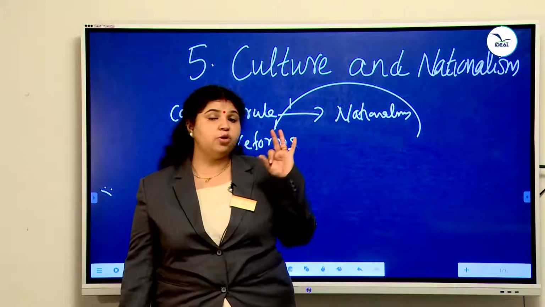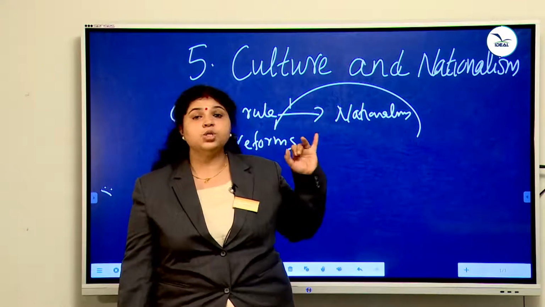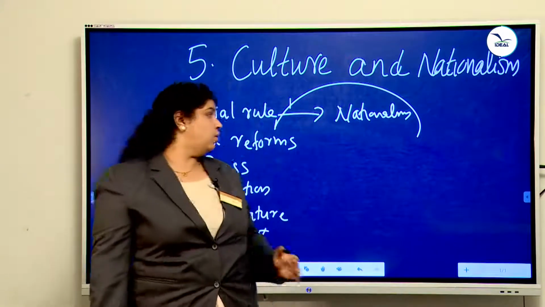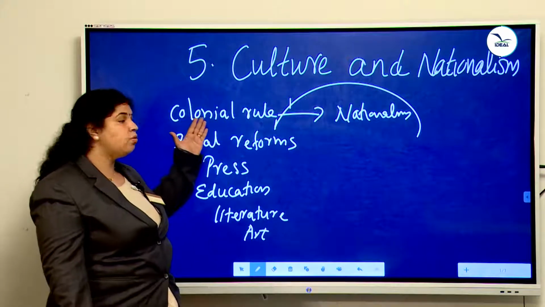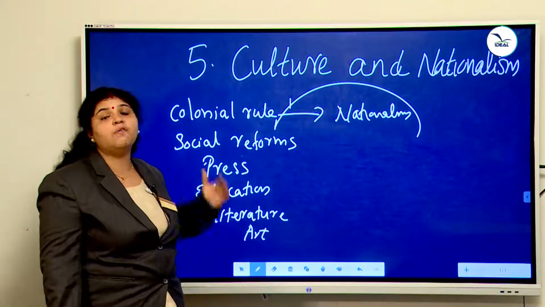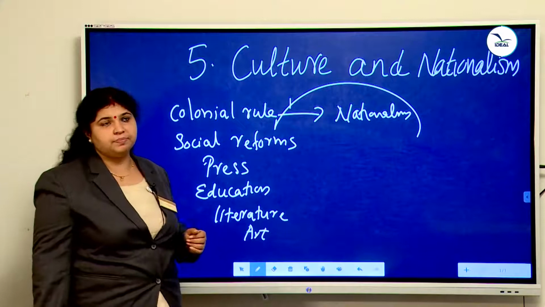Then we learned about three great social reformers, that is Raja Ram Mohan Roy, Ishwar Chandra Vidyasagar and Pandita Ramabai. So, by that we completed the first two parts, colonial rule and social reforms, how these two help in the growth of Indian nationalism. Then the next is press.